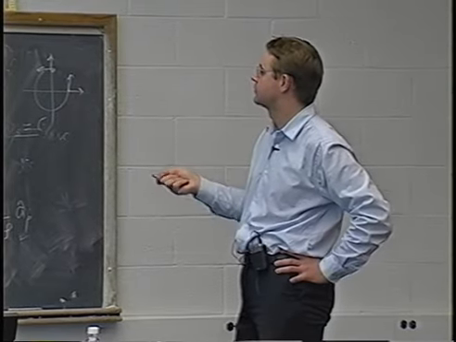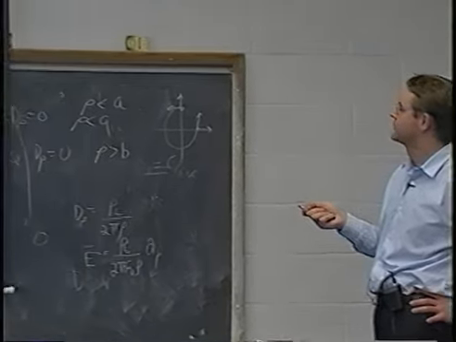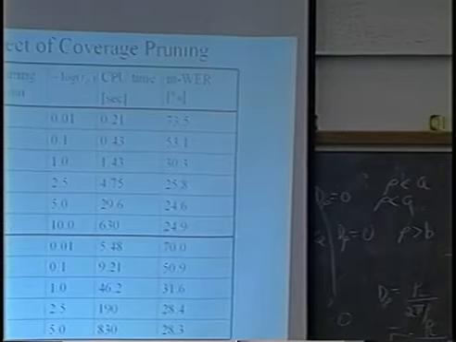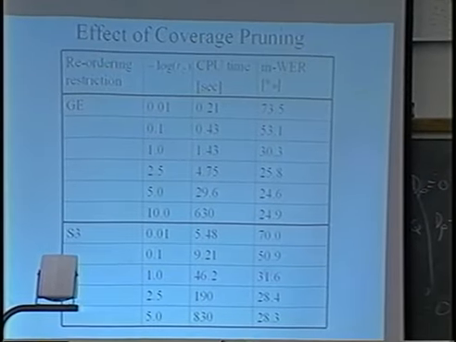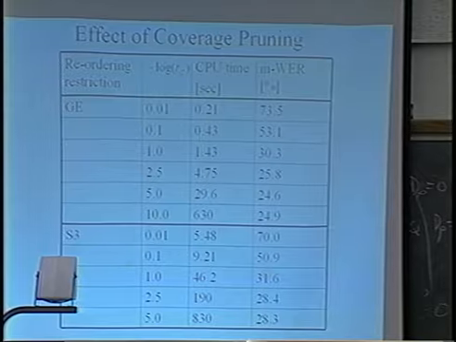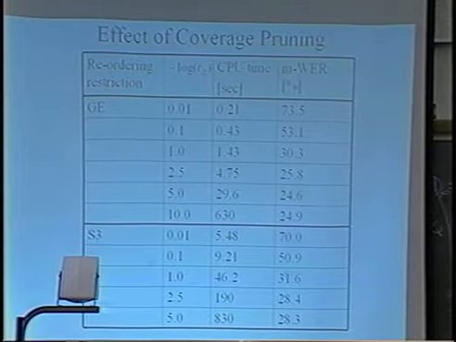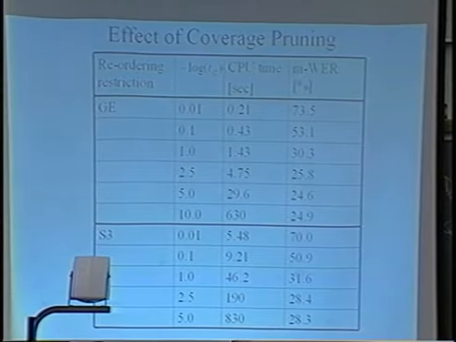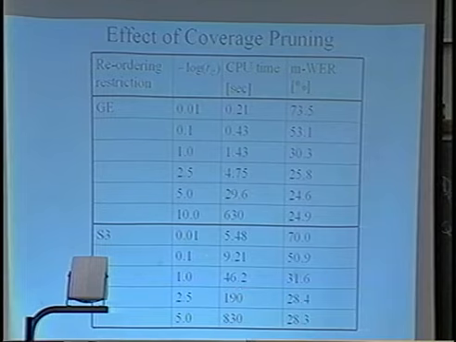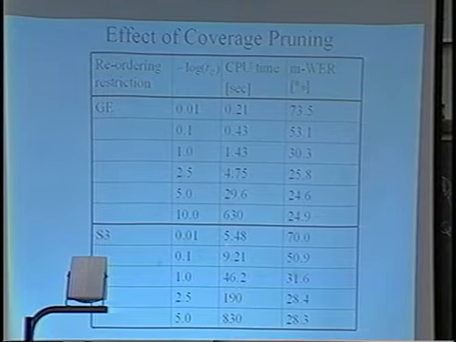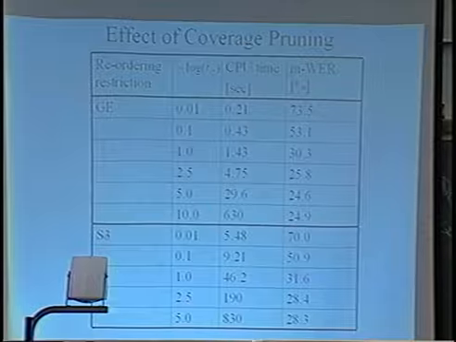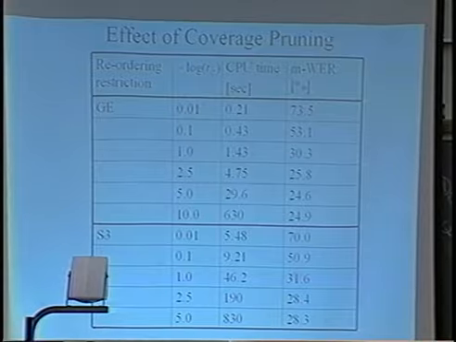almost consistently. This is the CPU time per second. The S3 restriction, because of its higher theoretical upper bound on the complexity, for the same pruning threshold takes several times longer to carry out the decoding.